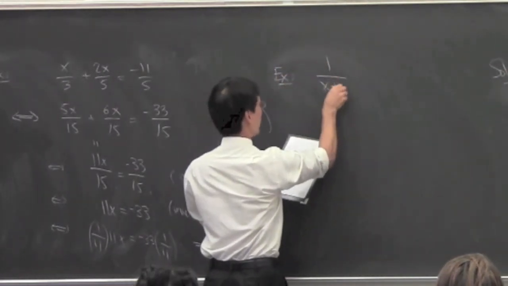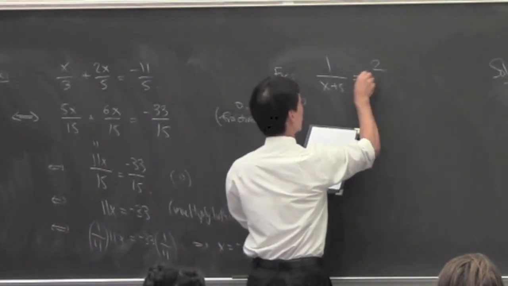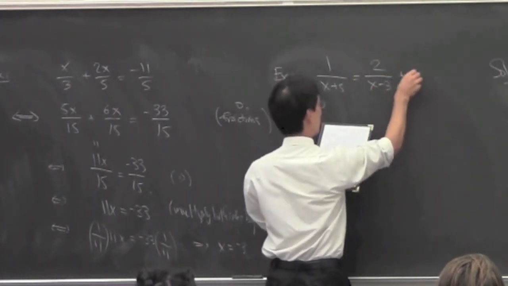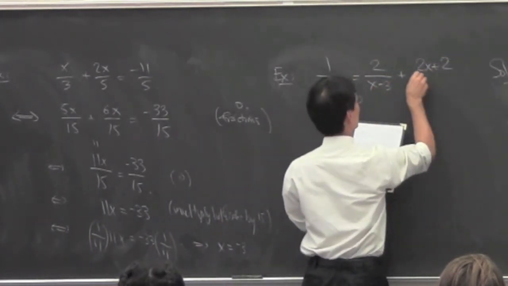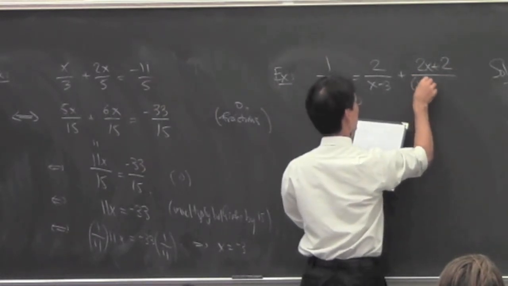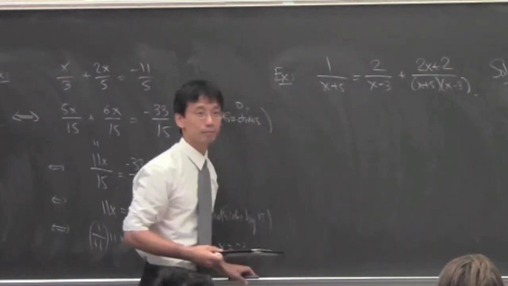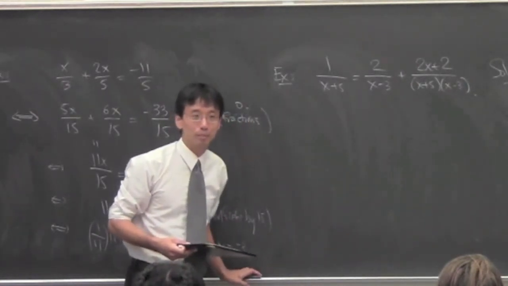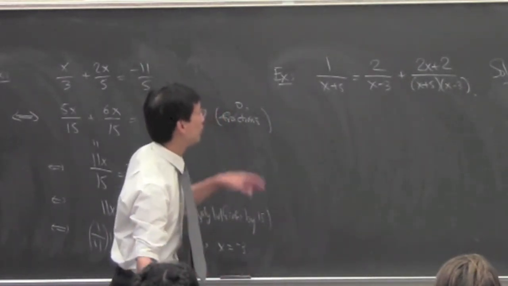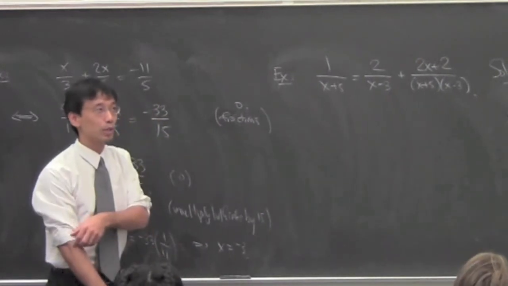1 over x plus 5 equals 2 over x minus 3 plus 2x squared plus 2x plus 2 over (x plus 5)(x minus 3). Okay. So same sort of thing, but slightly more complicated.